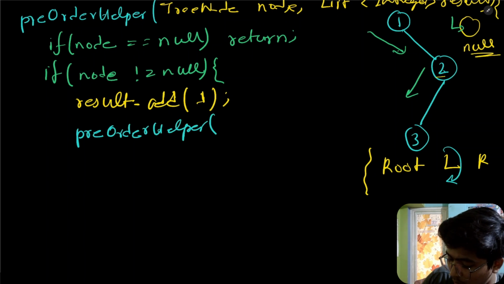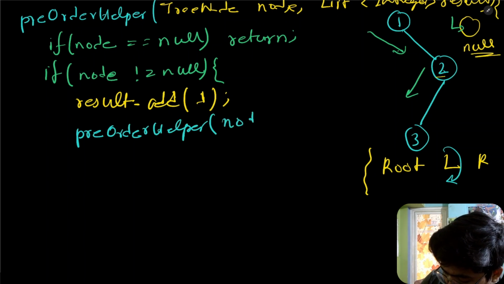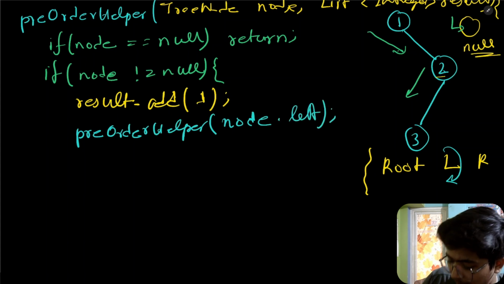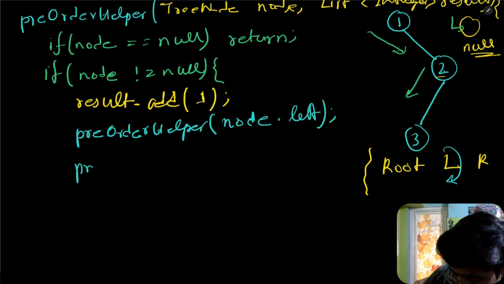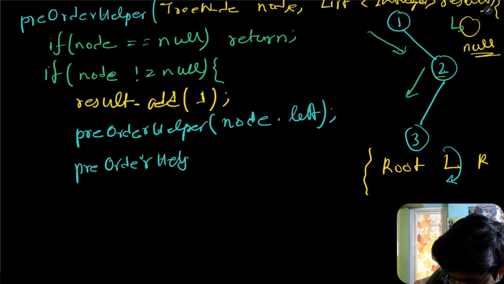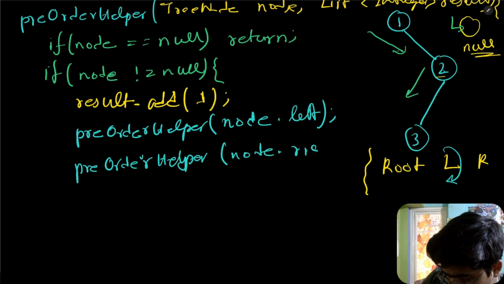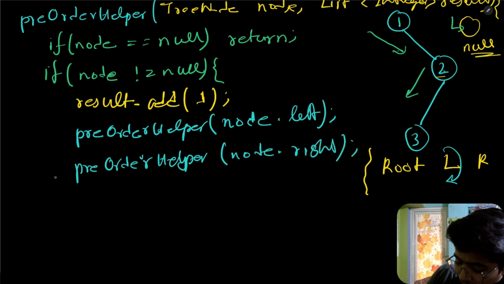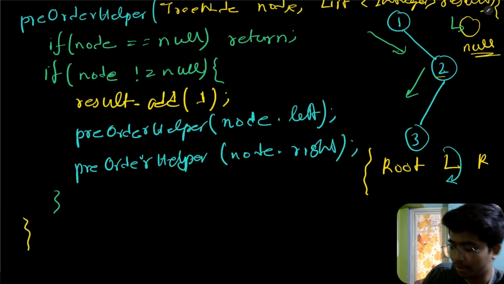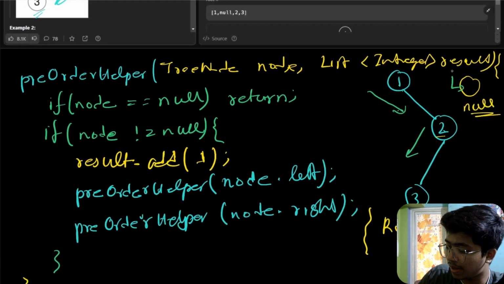So we will be passing node dot left, because we want it in the recursion manner, and then pre-order helper with node dot right. So this tree will automatically work, and it will completely fill the result.